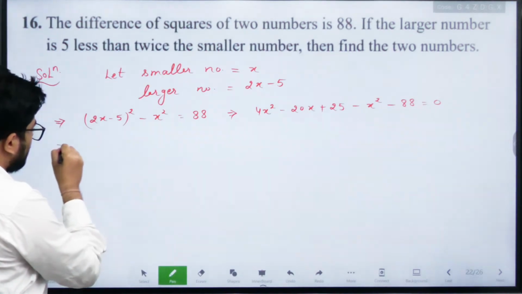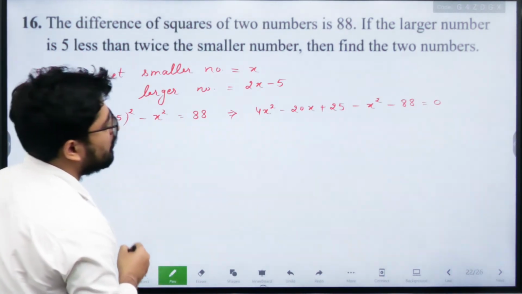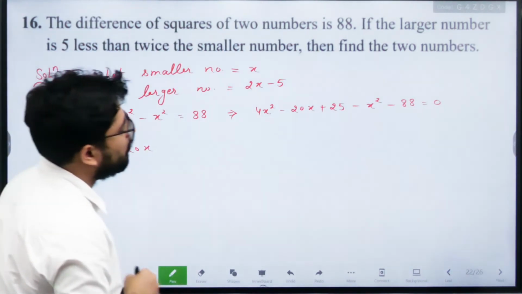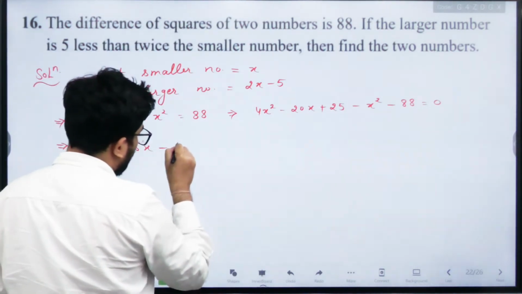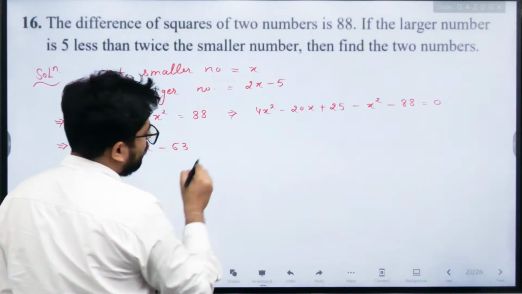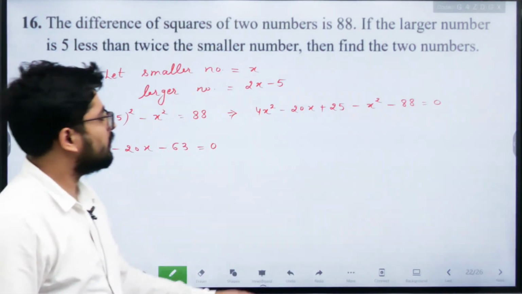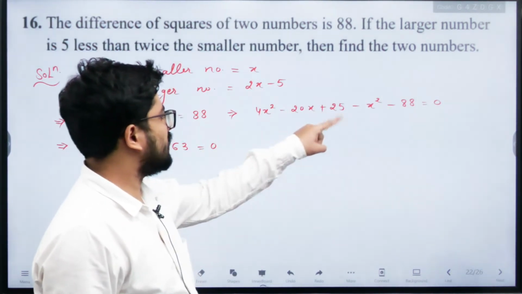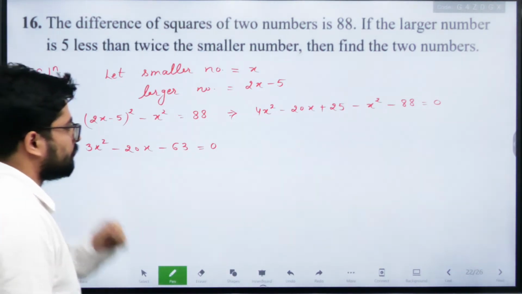So from here you can say that is 3x square minus 20x minus 63 is equal to 0. Got it? 3x square minus 20x minus 63 is equal to 0.